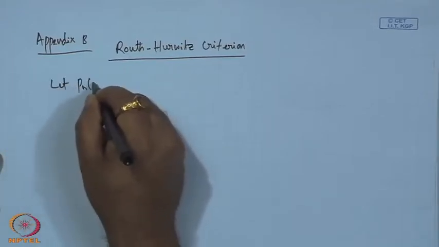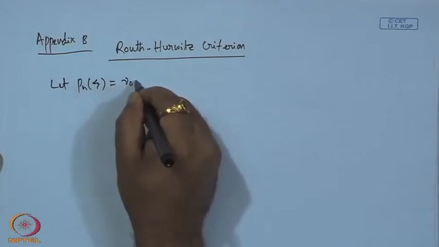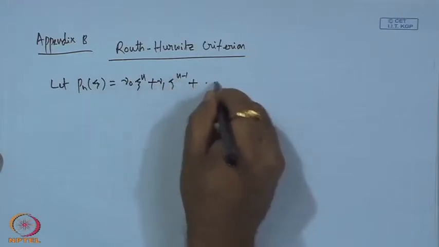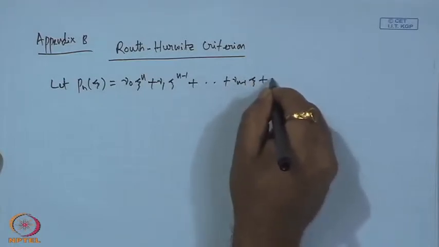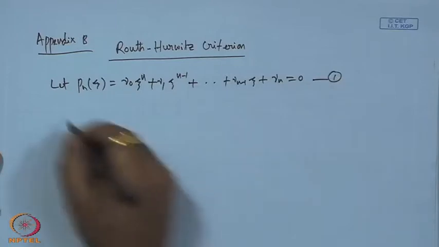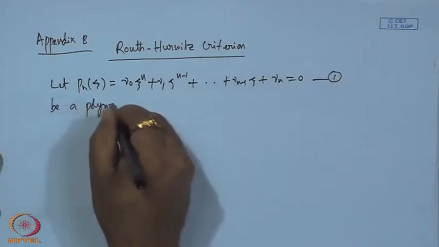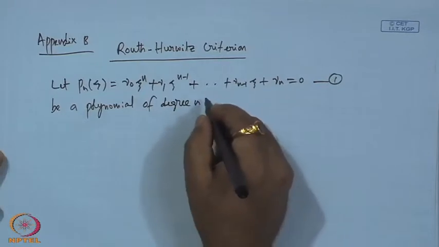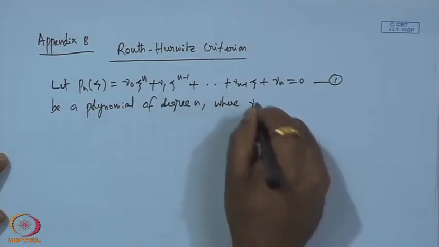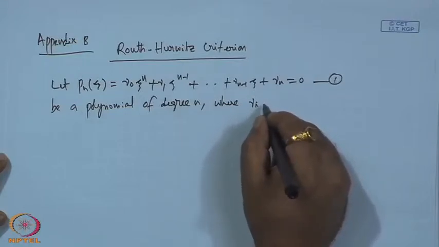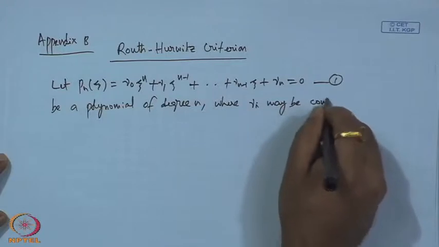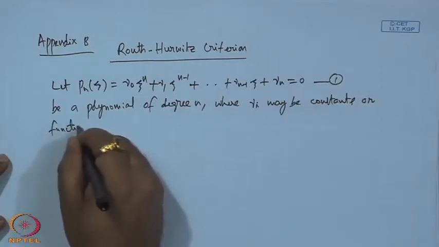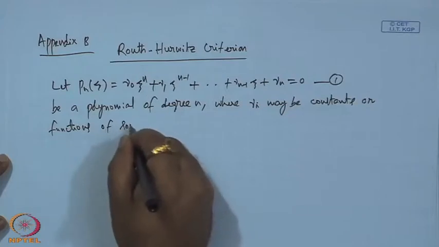Let P n zeta, with terms up to n minus 1, equals 0, be a polynomial of degree n, where nu i may be constants or functions of some parameters.